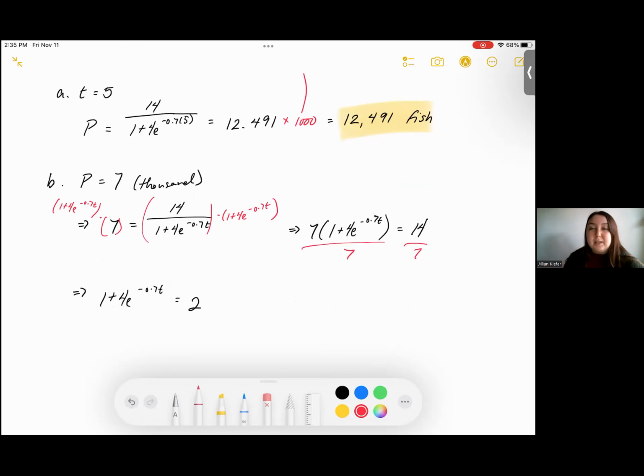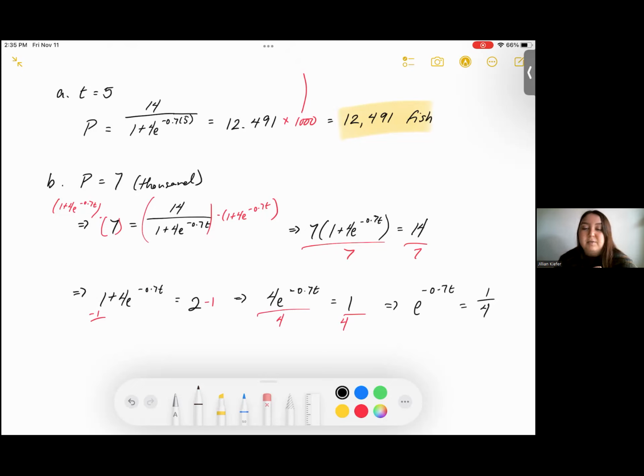Then we can get rid of the 1 by subtracting 1 from both sides. This will give us 4e to the power of negative 0.7t is equal to 1. And then last thing, because we want that exponential expression just by itself, we don't want the 4. So we're going to divide each side by 4. This finally gives us e to the power of negative 0.7t is equal to 1 over 4.